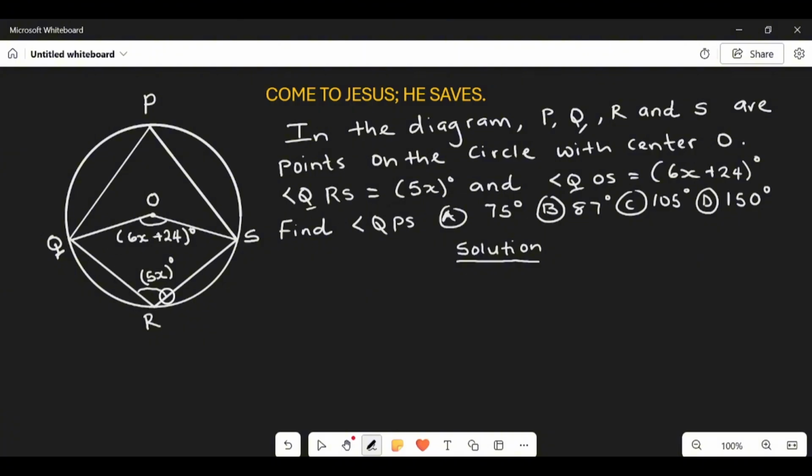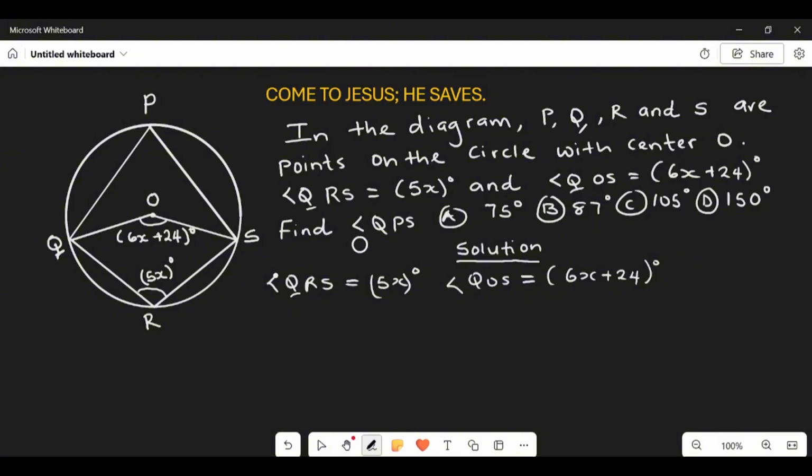Angle QRS equal to 5x degrees. And also angle QOX, angle QOX, equal to 6x plus 24 degrees.